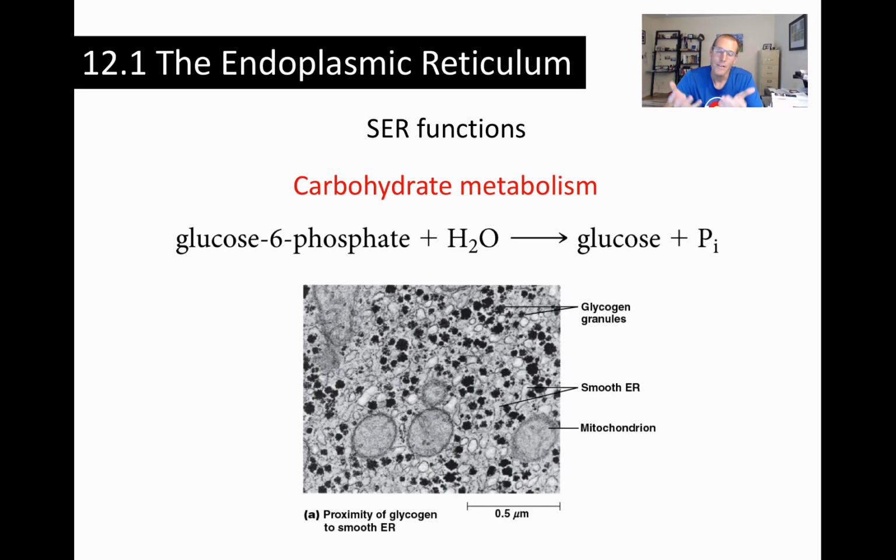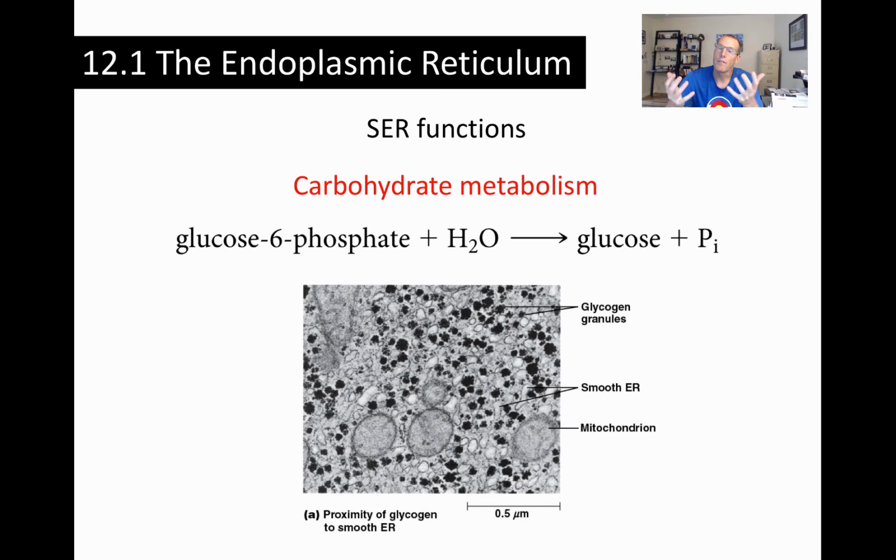In this case, the substrate is glucose 6-phosphate. When you remove a phosphate from the 6-carbon of glucose 6-phosphate, like you see in this equation, you produce free glucose, and then that can be exported from the cell and circulated through the bloodstream to other tissues that need the glucose.